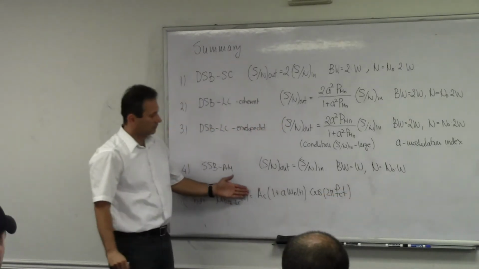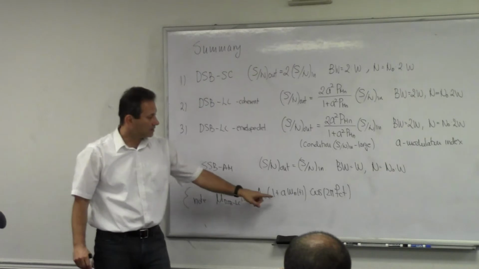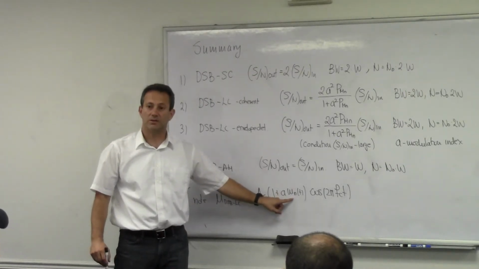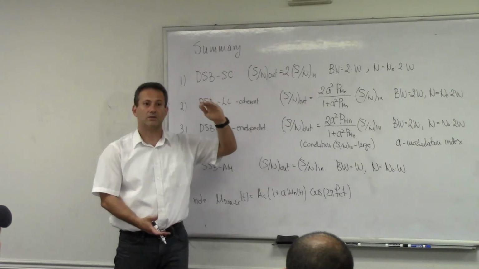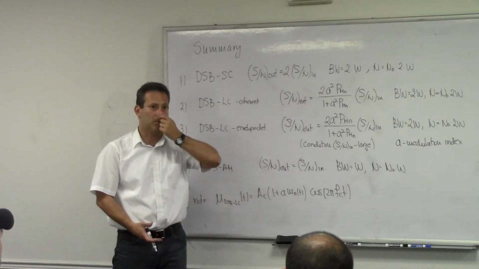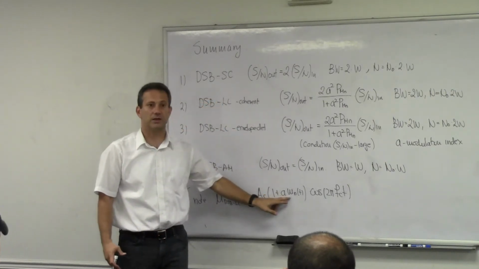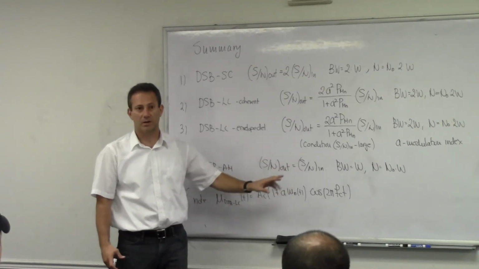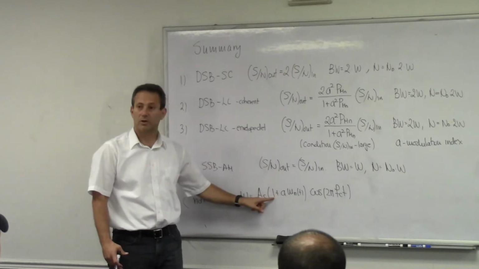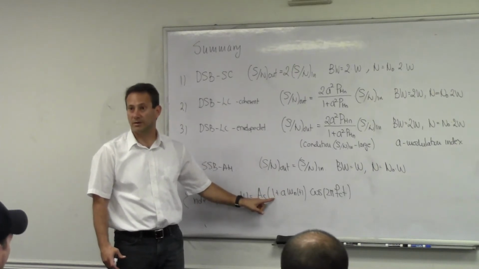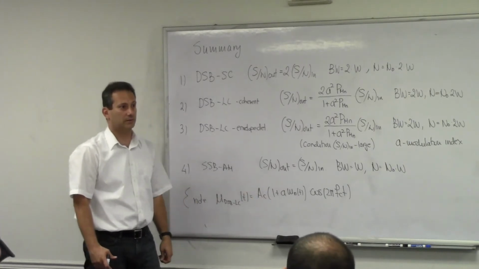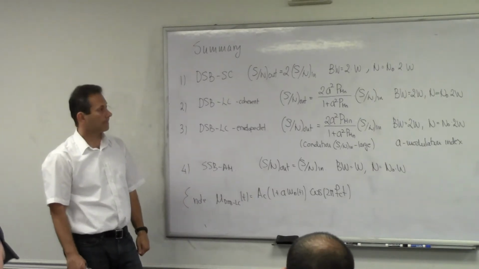So that's the format of our modulated signal. a is what we call the modulation index, it's between 0 and 1, and mn is the message signal that is normalized to the maximum of its amplitude, so that mn essentially takes values only between minus 1 and 1, which forces this whole term to always be positive, right? And that enables us to use envelope detection. Okay.